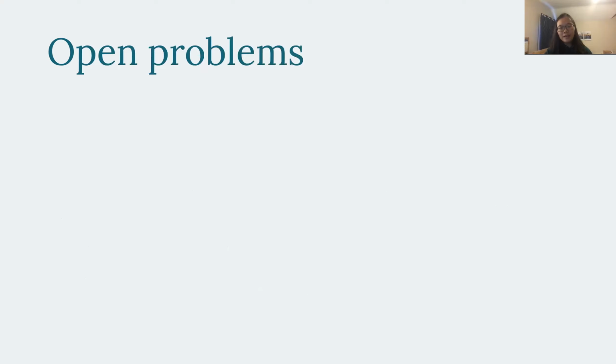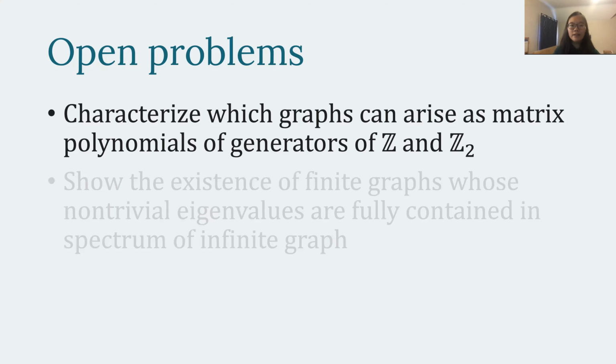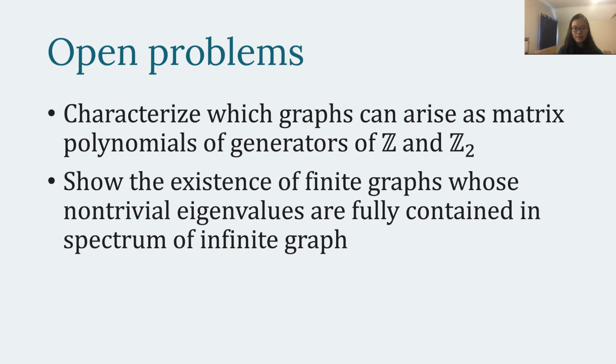All right, so let me finally just finish up with some open problems. So firstly, we don't yet have a complete characterization of which graphs can arise as matrix polynomials, and it would be interesting to try and connect this to other sorts of algebraic descriptions of graphs. And then, for the finite graphs that we generate, the non-trivial eigenvalues are not fully contained in the spectrum of the infinite graph.